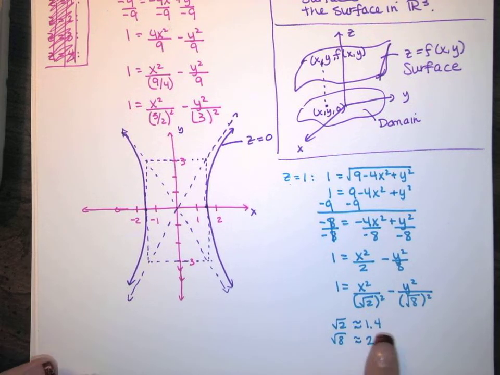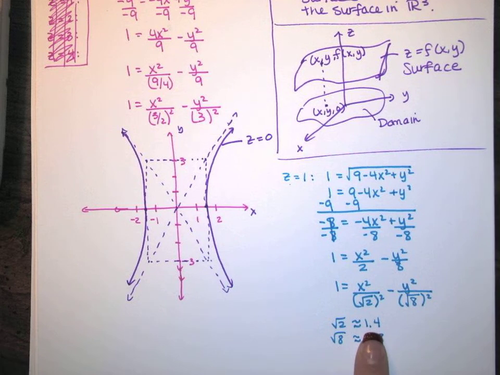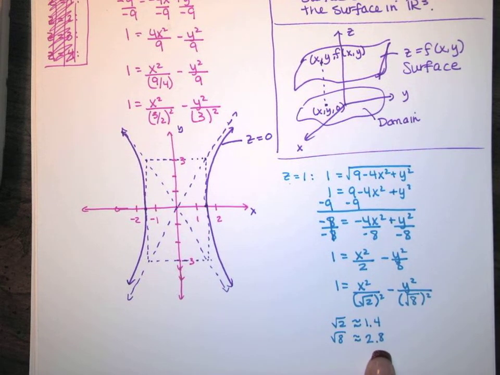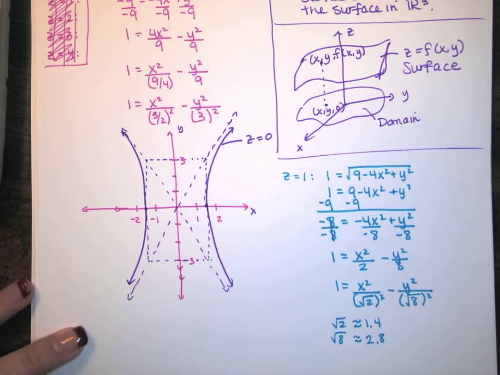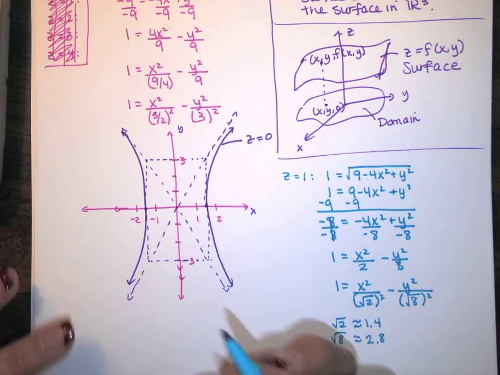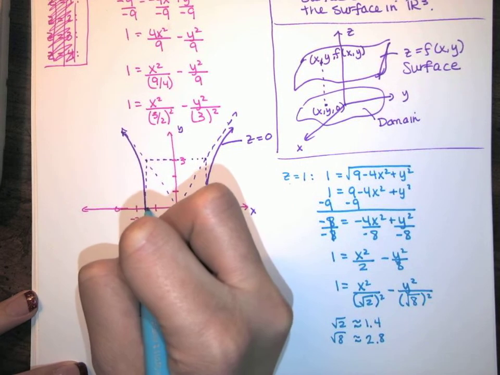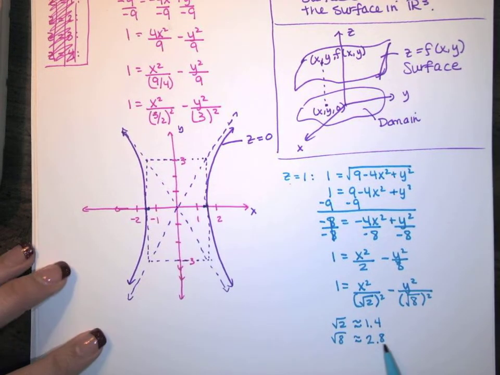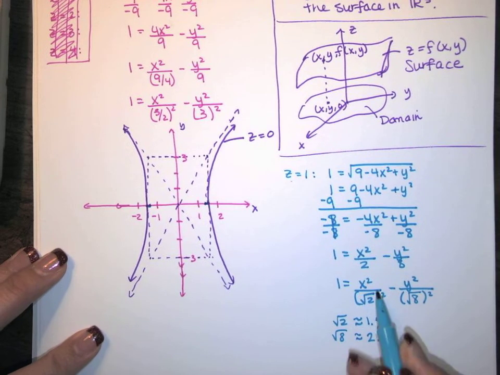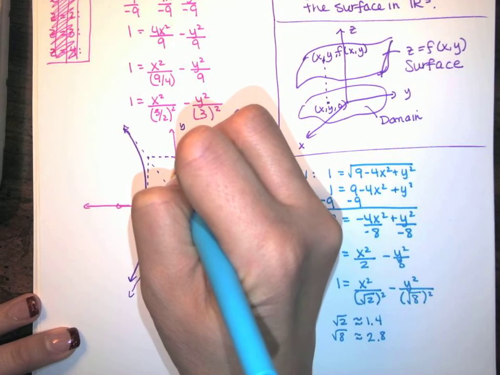So we want to go plus and minus about 1.4 units in the x direction and plus and minus 2.8 units in the y direction. So this was 1.5. For z equals 1, we're going to 1.4. Oh man, it's really close. And that's in the x direction. And then we're going to go 2.8 units in the y direction.